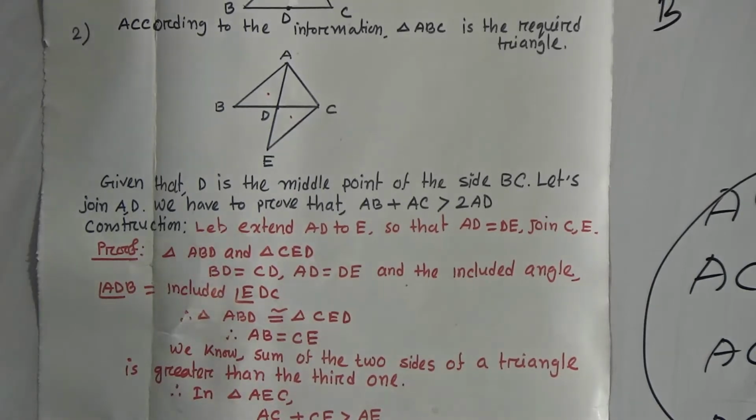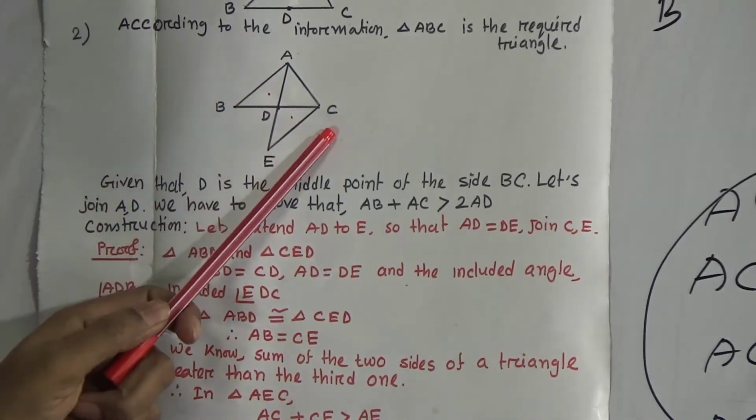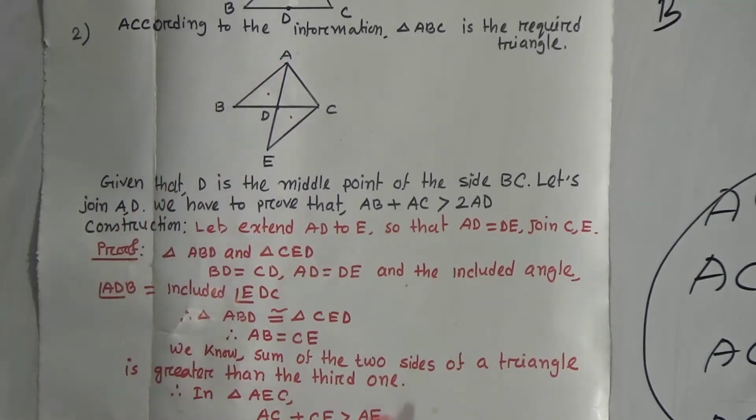I described in the previous lesson that the sum of two sides of a triangle is greater than the third side. Now, applying in triangle ACE, AC plus CE is greater than AE. Now, CE means AB, already we have proved CE equals AB.